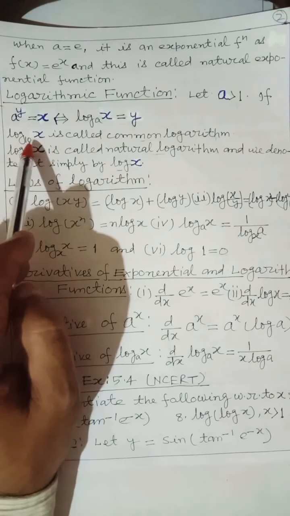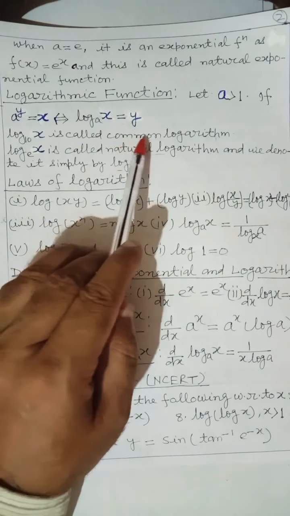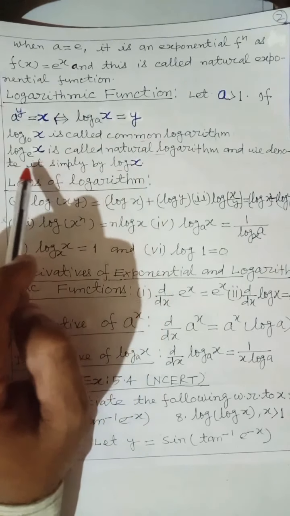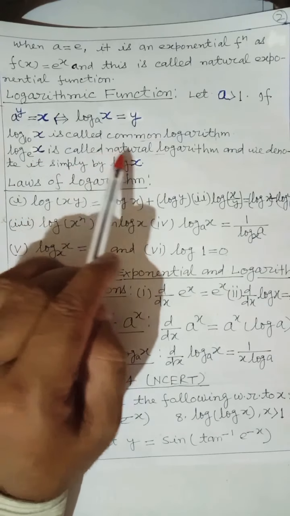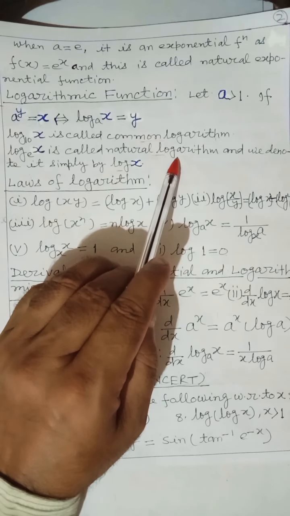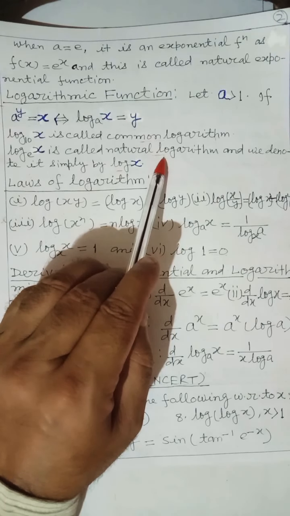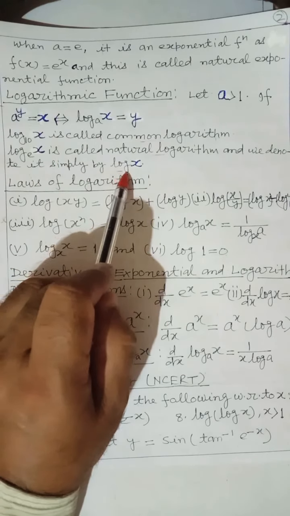Here if the base is 10, that is log x to the base 10, it is called the common logarithm. And if the base is e, that is log x to the base e, this is called the natural logarithm, and we denote it simply by log x.